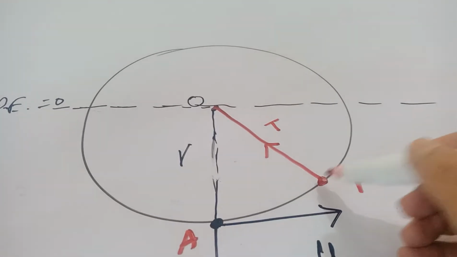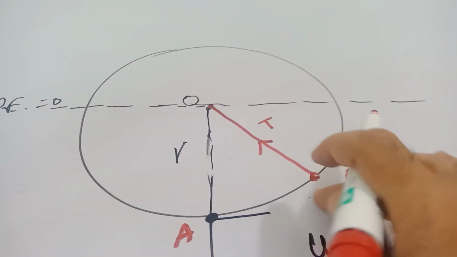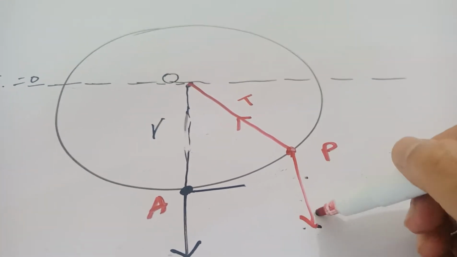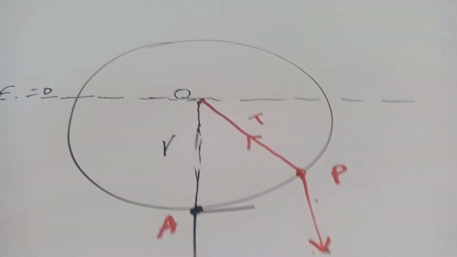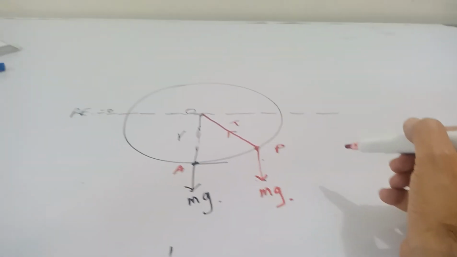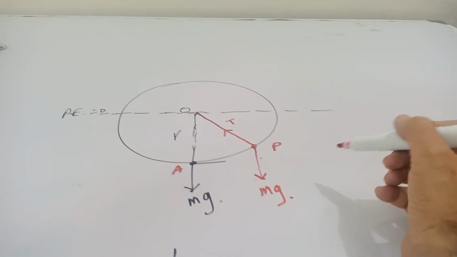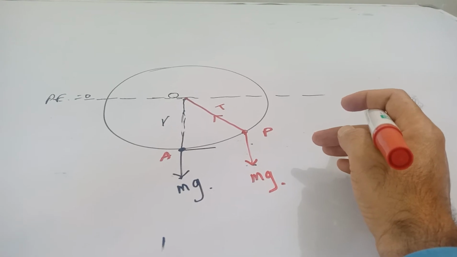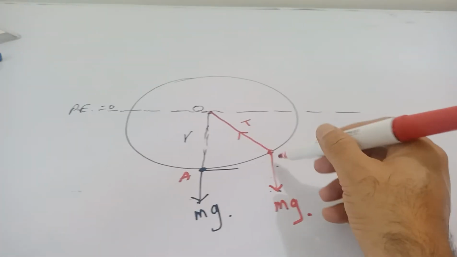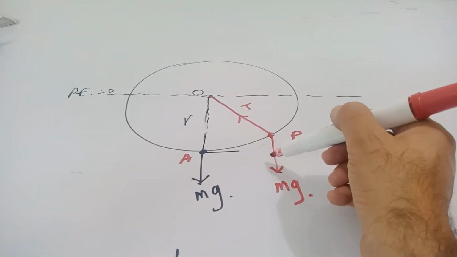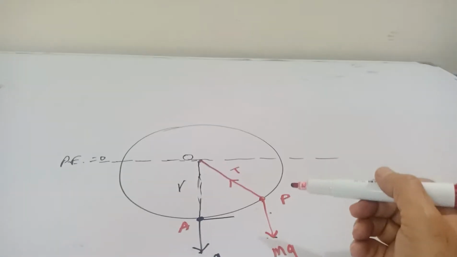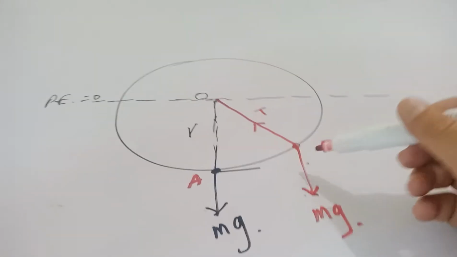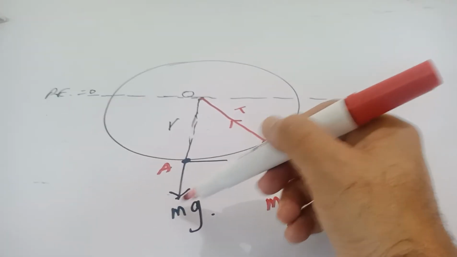And here is its weight, which is going to be mg. These two lines, the black and the red one, mg, are vertically downwards. So this mg is downward, this black mg is also downward.